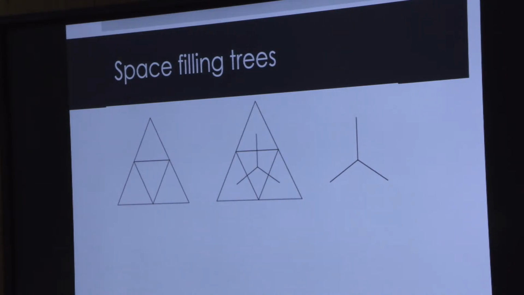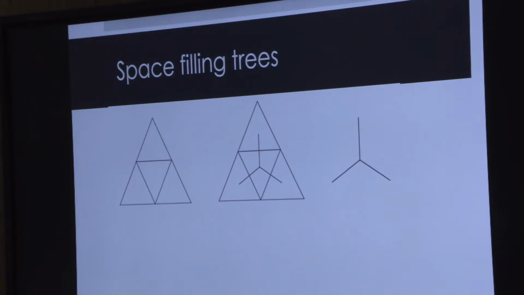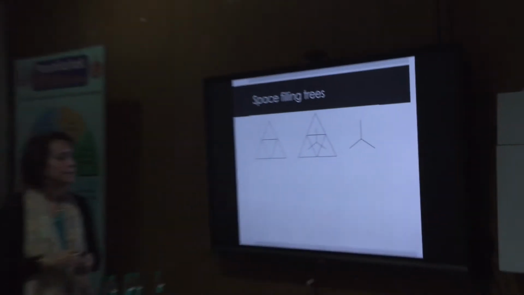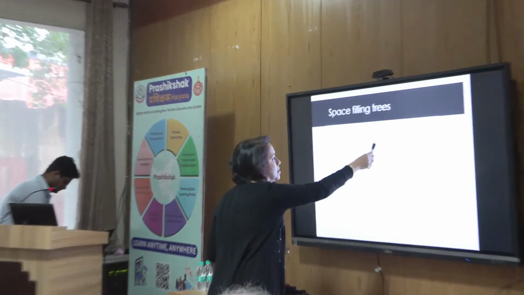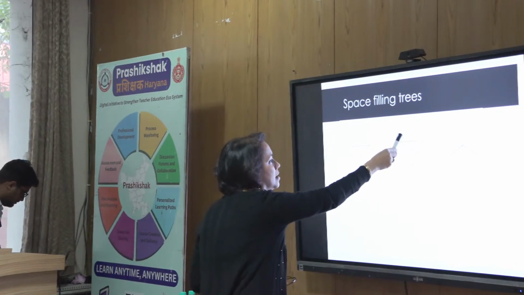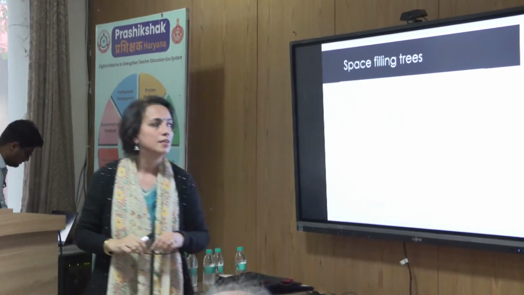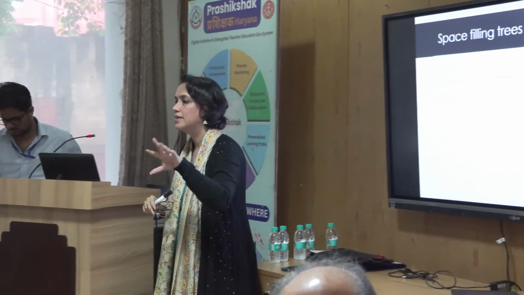Suppose I take the center of the middle triangle and I draw these three lines, which are basically one third of this side. We can prove that.